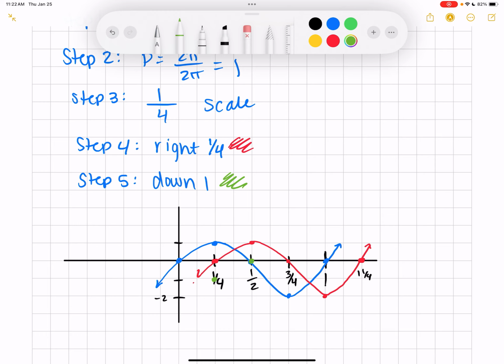Just realized my graph is off. This point was already down here at -2. This should have been 1.